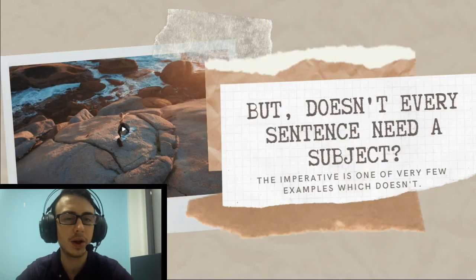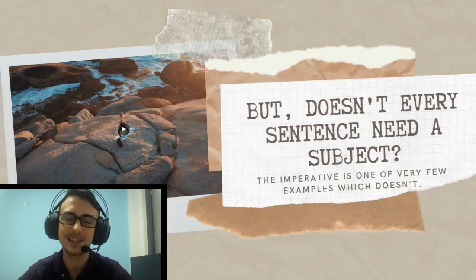Well, no, it's not incorrect because not every sentence in English needs a subject. There are a few cases where a subject isn't necessary, and the imperative is one of them. When you use an imperative, you will never put a subject in the sentence.